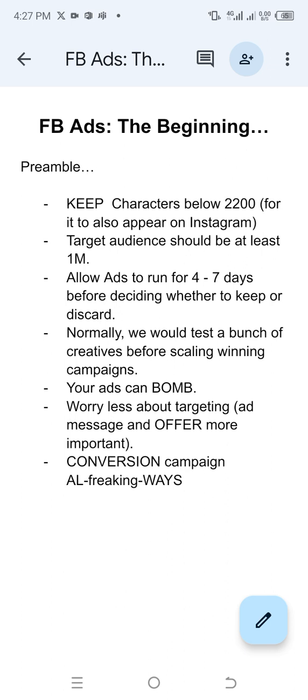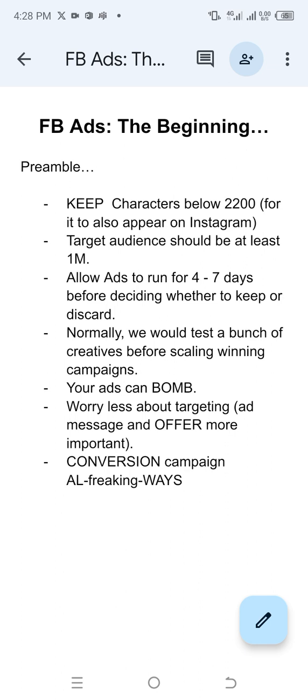You see? So you want to give the Facebook algorithm that buffer of 4 to 7 days to learn about the audience that will work perfectly for your ad, and then the ads can easily pick up from there and be optimized to show to the best audience.